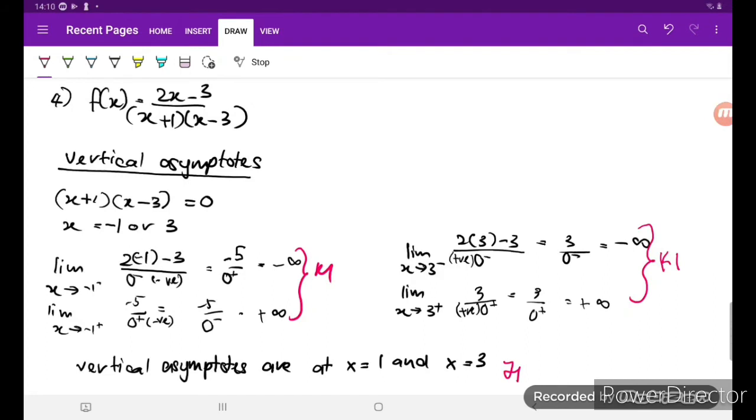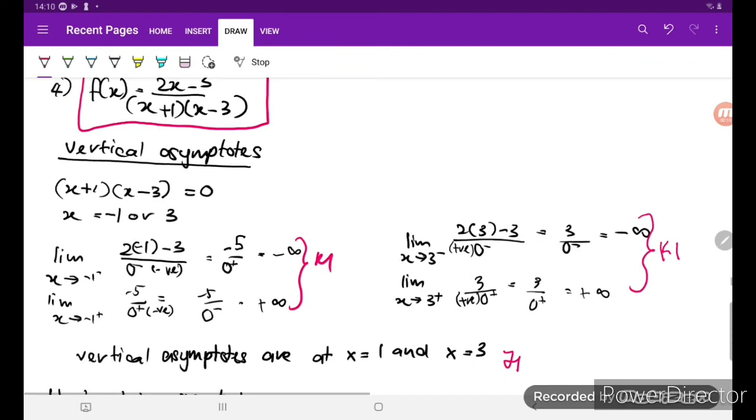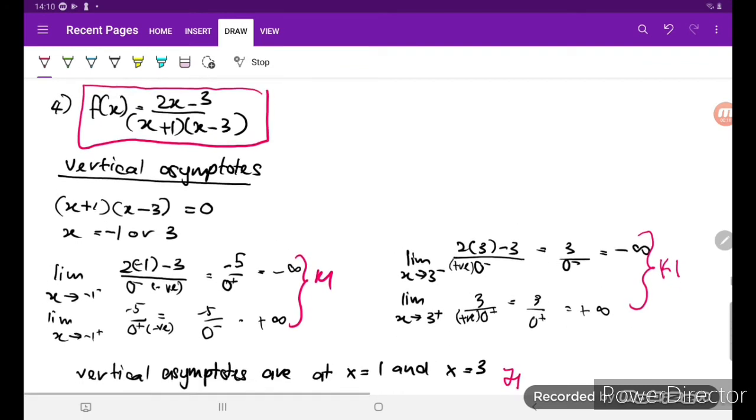So we want to find the vertical asymptotes of the function given. Okay, this is the function given. So first we want to take the denominator as equal to 0. Okay, that's when we get x equals to -1 or 3.